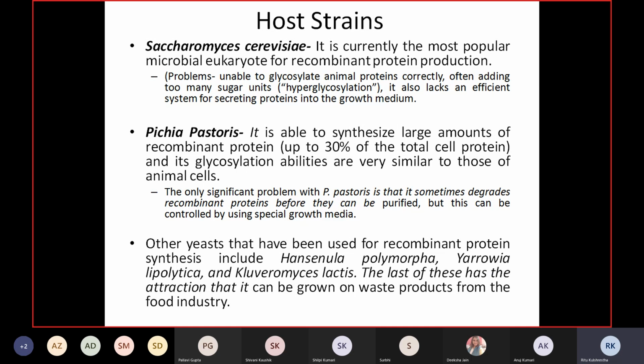I've discussed those in context of bacterial host strain introduction as well. So these are some of the new host strains of yeast that people are working on. And I know that one of the faculty, I am not remembering, could be Professor Ashish Mishra, I think he is trying out this particular strain for production of recombinant proteins.